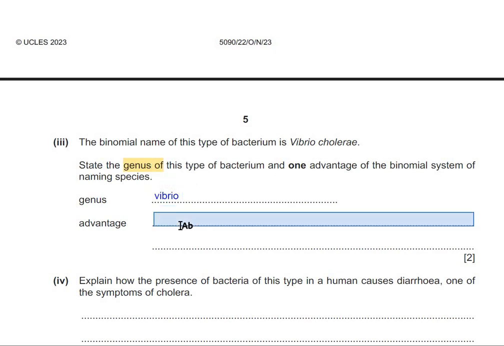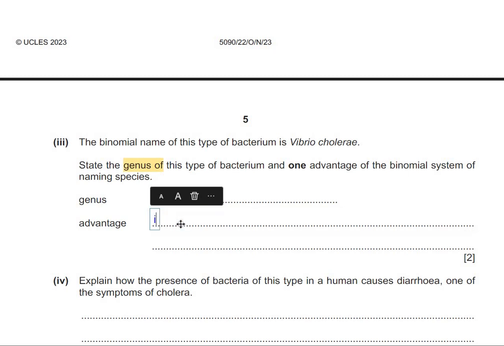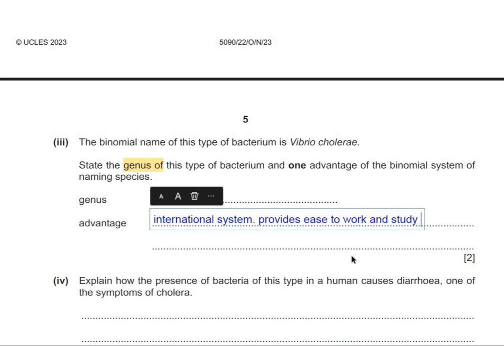The advantage of using the binomial system is that it is an international or standard system, which helps scientists to work and study species around the world.